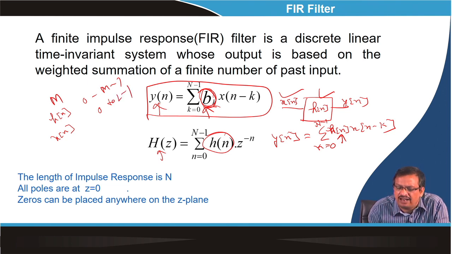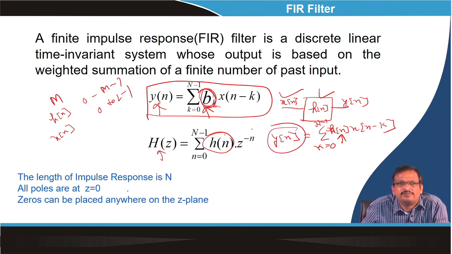Then what is the length of y(n)? What is the length of the convolution? I repeatedly said that the length of the convolution is m plus L minus 1. I have discussed this during convolution and also during frequency response, the DFT.